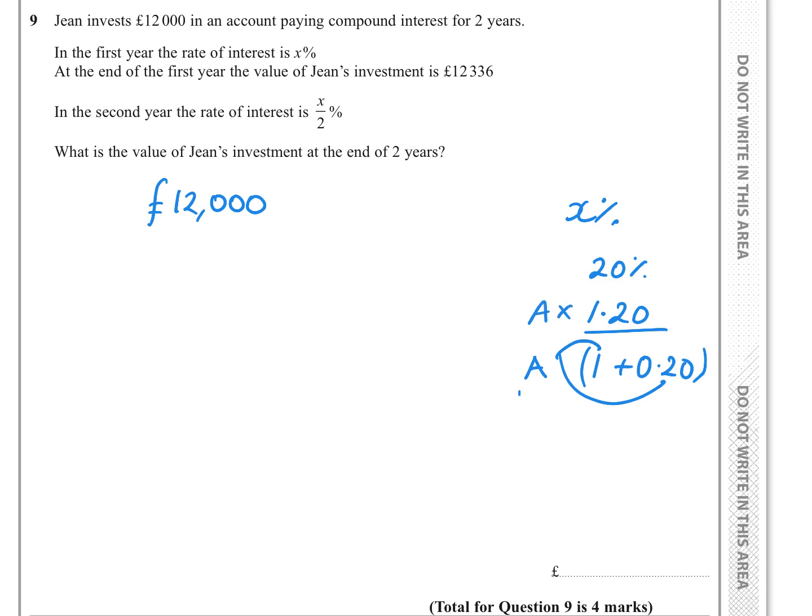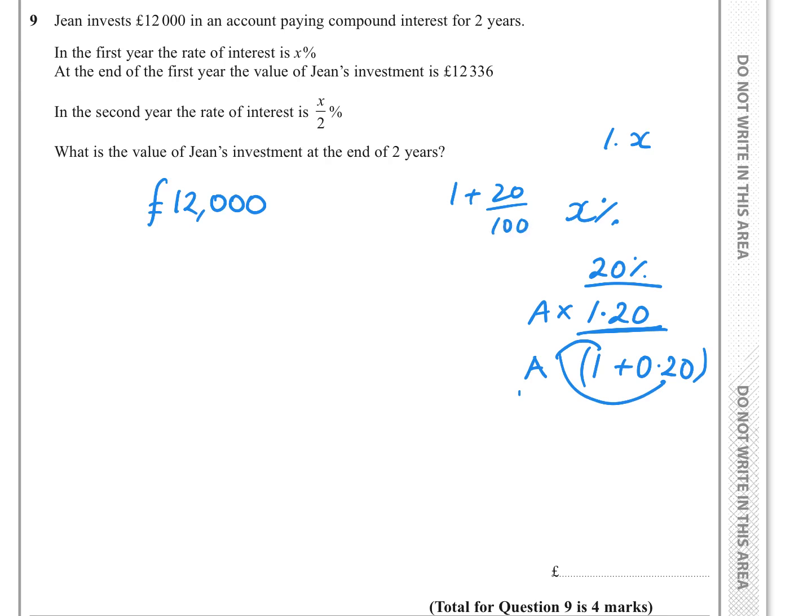But in this case we don't know what the percentage is, so we can't just write 1.x, that wouldn't make any sense. So what we'd say is, if we wanted to have an interest rate of 20%, we'd have 1.20. Well, this is 1 plus 20 hundredths, if you think about it.